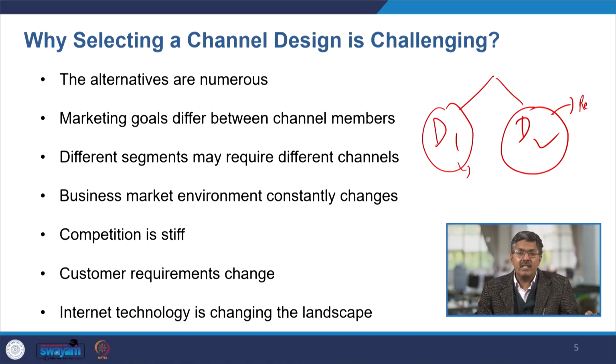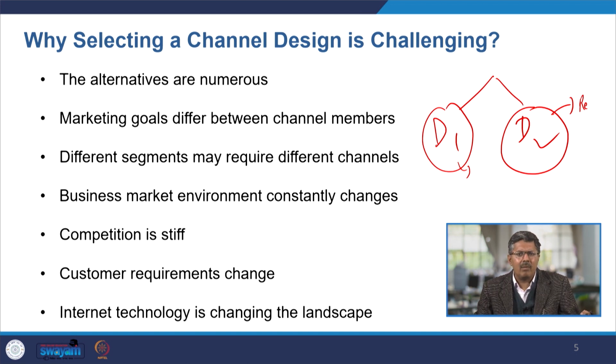The business marketing environment is constantly changing, right? If you look 10 years back, there were a lot of telemarketing companies, direct marketing companies through, let's say, the internet and all. But slowly, e-commerce has taken over in a big way, and the business market is slowly changing.